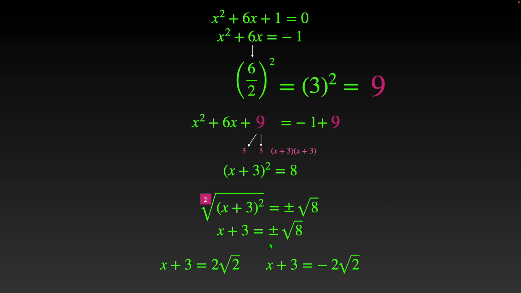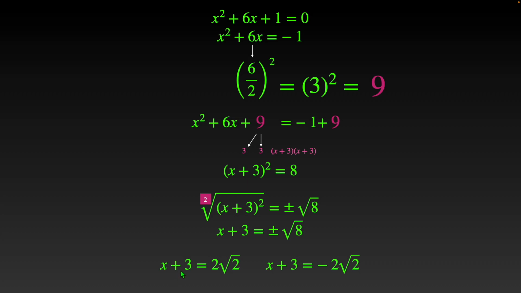So because of the plus or minus on the right-hand side, we'll separate it into two equations. One with positive 2 radical 2 and one with negative 2 radical 2. And now we can go ahead and solve for x by moving the 3 to the other side by subtracting 3 on both sides.